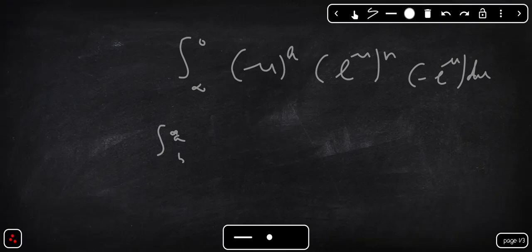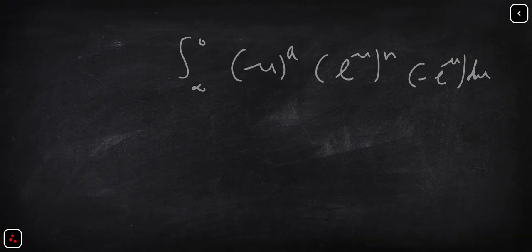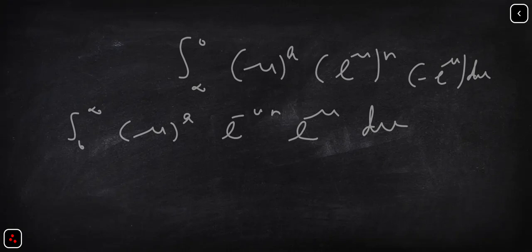All right, so the integral is going to change to integral from 0 to infinity of minus u raised to the power of a, e raised to the power of minus u n, multiplied by e raised to the power of minus u, du. According to the law of indices, if we have minus x raised to the power of a, this is going to give us minus 1 raised to the power of a, x raised to the power of a.